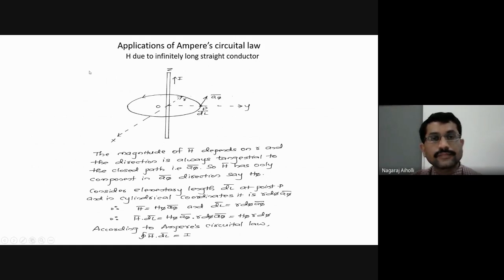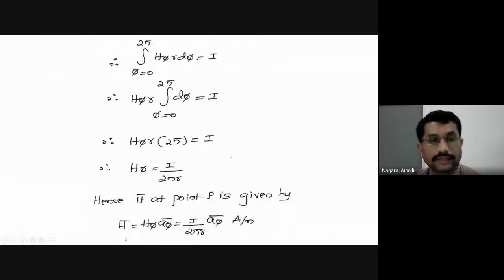The question in the exam may be, explain the applications of Ampere's circuital law, or derive the equation for magnetic field intensity H bar due to an infinitely long straight conductor using Ampere's circuital law. That means you have to use Ampere's circuital law, closed line integral of H bar dot dl bar is equal to I, this equation definition, and accordingly you have to get the derivation of H bar, that is equal to I by 2 pi R A phi bar ampere per meter.